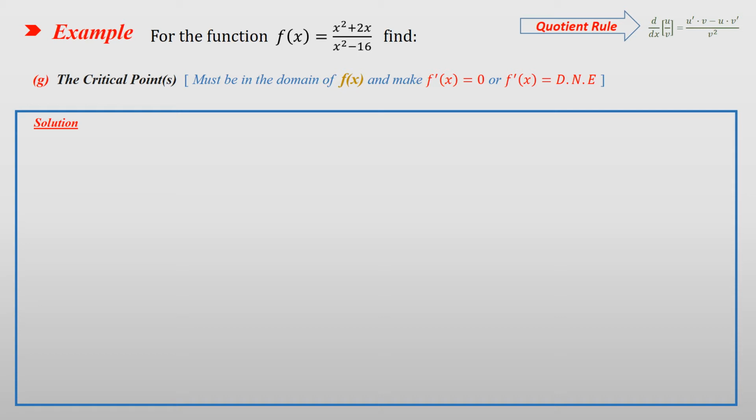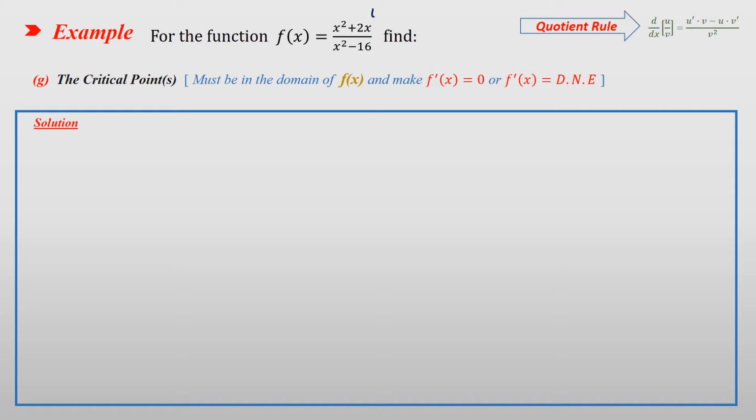In part G, you have to find the critical points. To find the critical points, firstly you have to find the first derivative, f prime of x. f of x is a rational function, so you have to use the quotient rule to find its derivative.